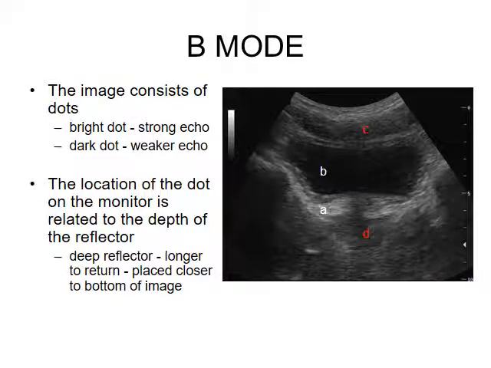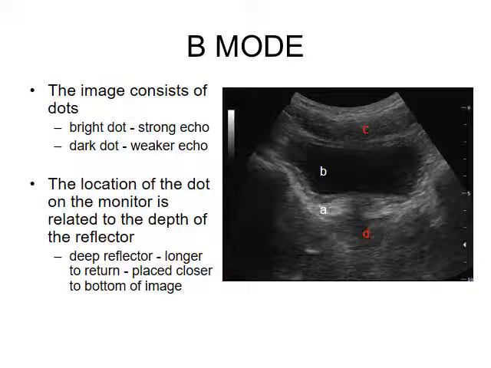Now, if we've got a darker structure on our image, it means that it hasn't reflected the sound back to the transducer as strongly. It's a weaker signal, and therefore it will be more towards the black end of the scale on our image.